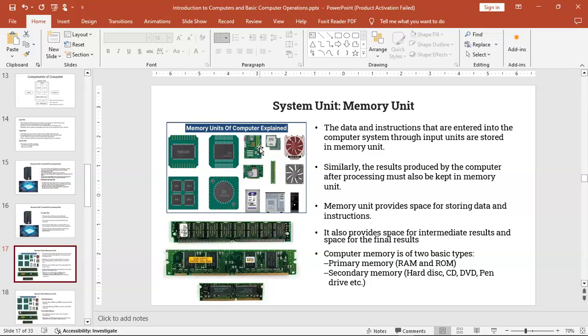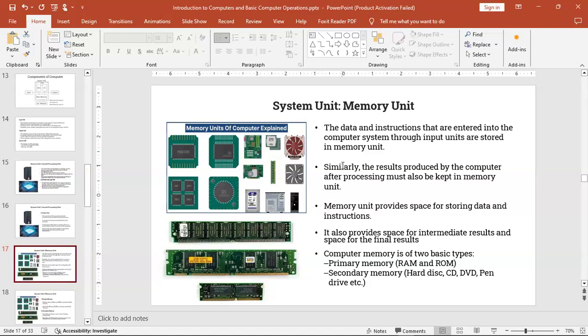It is first come, first served, one after the other. When they're being piled up, they have to be stored somewhere temporarily. Where are they stored? In the main memory. The main memory is responsible for storing this data.